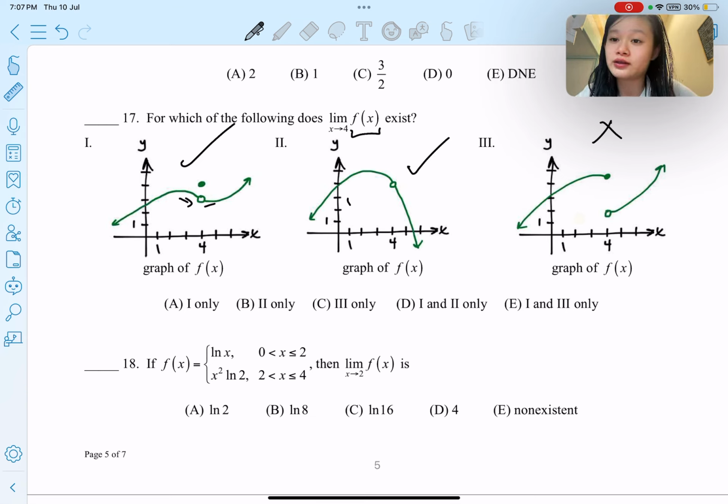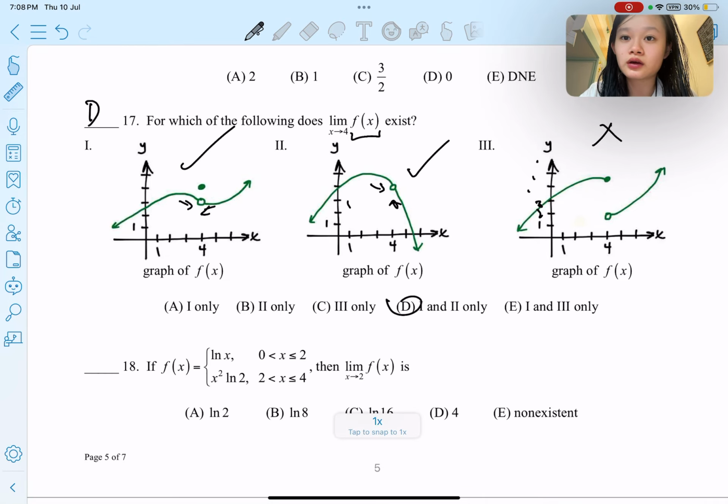From the left and from the right it approaches the same value, so it works. This one doesn't, because it approaches some higher value than this, and we can't say what exactly the value is because we don't know. Oh wait, we do, sorry. So this is 1, 2, 3, etc. You get the point. So it's 1 and 2 only, so it's option D.